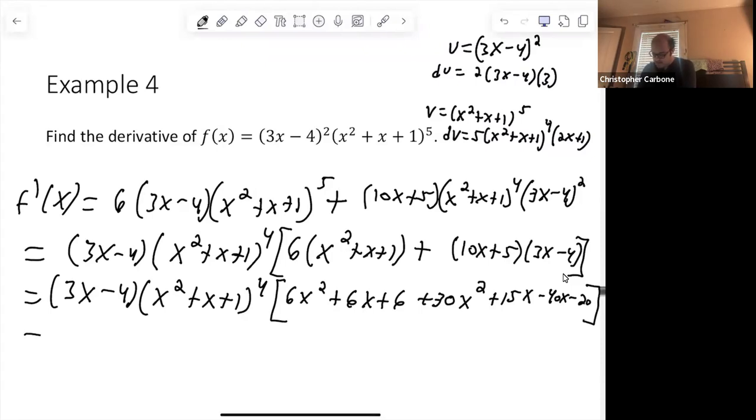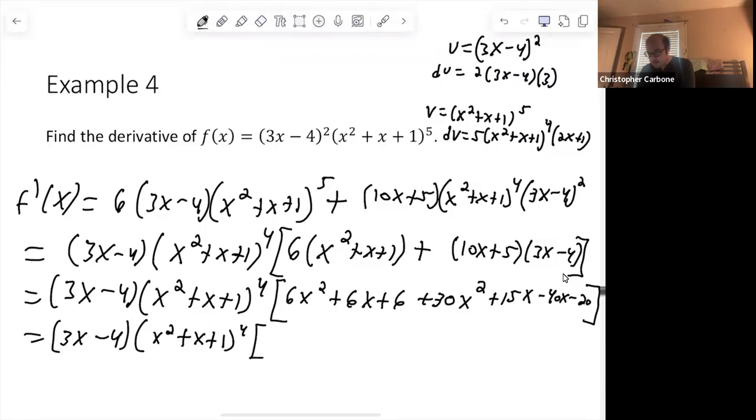And then just slightly combining a few terms in our bracket, this makes (3x minus 4) times (x squared plus x plus 1) to the fourth power times (36x squared minus 19x minus 14). That's our complete answer based upon that.